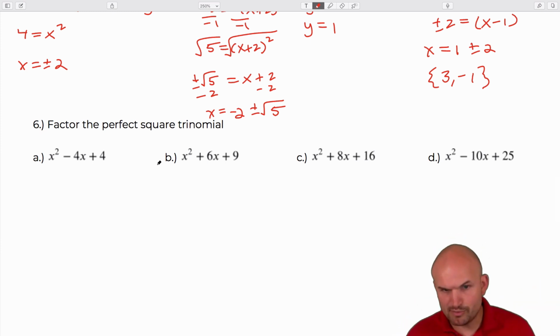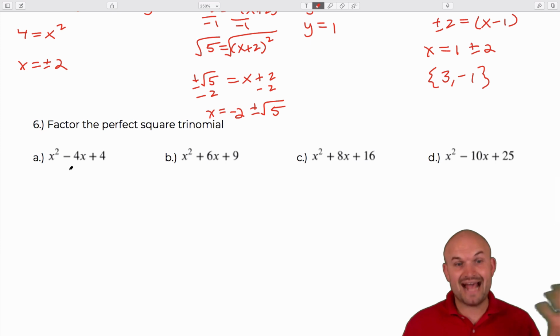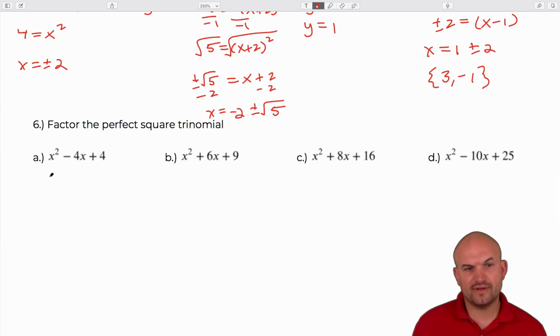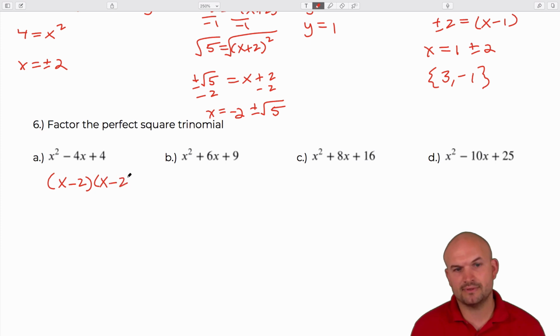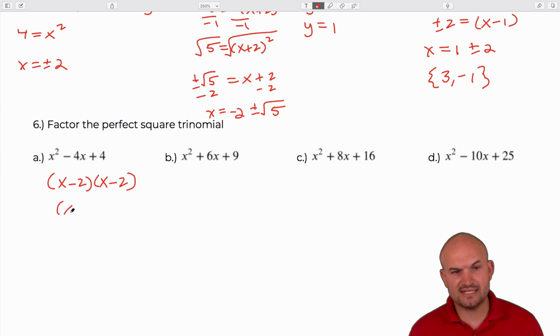So we know these are perfect square trinomials. Basically, we're looking for what is the same number that multiplies to give you 4, and then that adds to give you negative 4. So therefore, we can recognize this as x minus 2 times x minus 2. Now, typically, when we're writing these as a binomial squared, we just write these as x minus 2 squared.